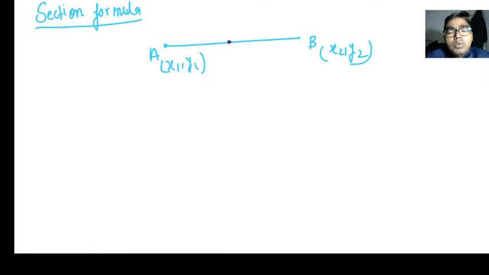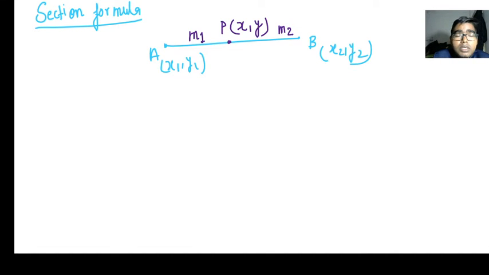Any point P on this line, whose coordinates you do not know, divides the line AB in the ratio m1 is to m2, right? Then you should calculate the coordinates of point P.